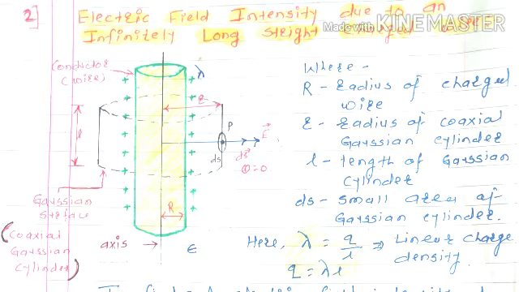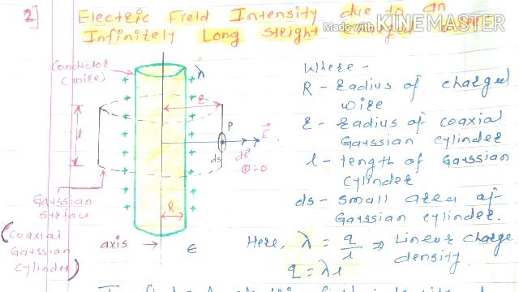Now we want to draw the Gaussian surface. Here the shape of the original conductor is cylindrical, so the shape of the Gaussian surface is also cylindrical. Both the cylinders are coaxial, that is, the axes of both cylinders are the same.